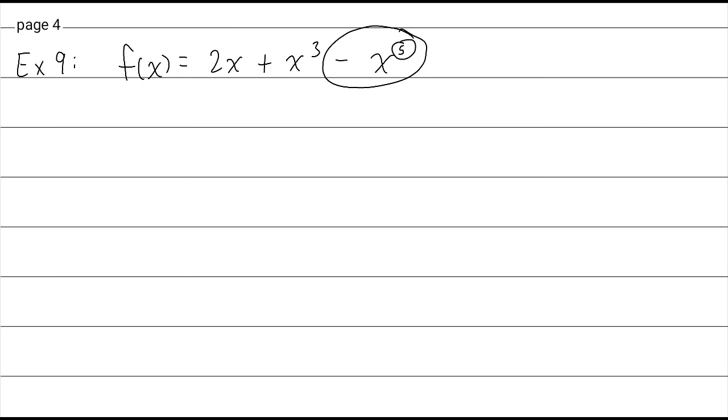The degree is 5, of course, so that's why it's the highest. 5 is the highest exponent, so that's why negative x to the 5th is my leading term. The leading coefficient is this negative 1 out in the front. Most importantly, it's negative, so the right side will go down. The degree is odd, right? And so an odd degree means that the left side will be at odds with the right side, and it will go up.